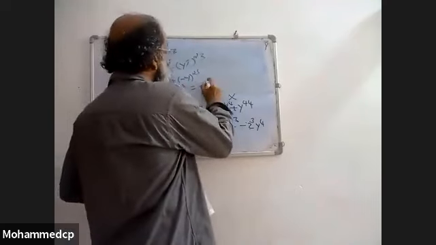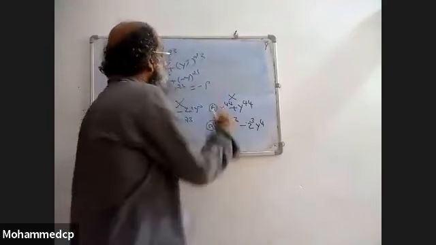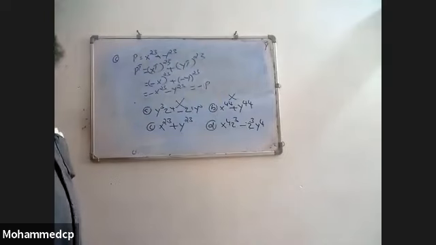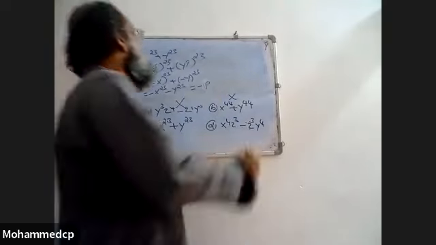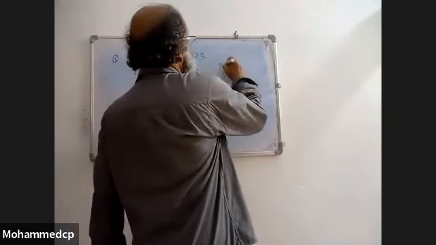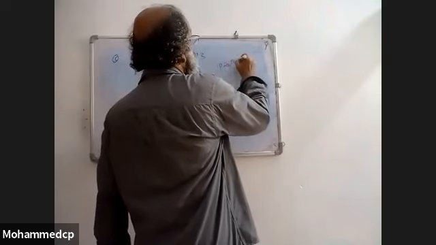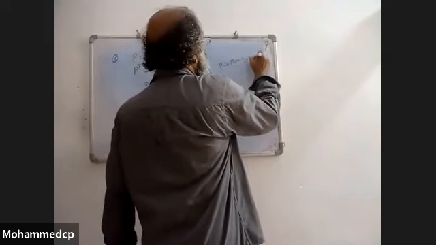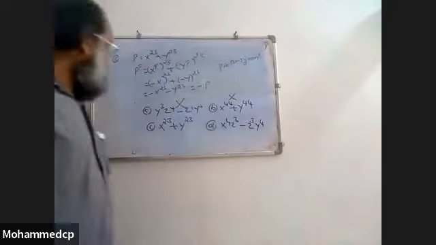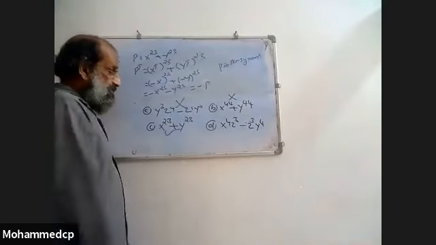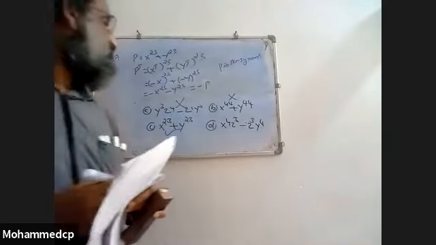Taking minus out, we get minus P. Therefore, P is skew symmetric. Therefore, C is a correct option.